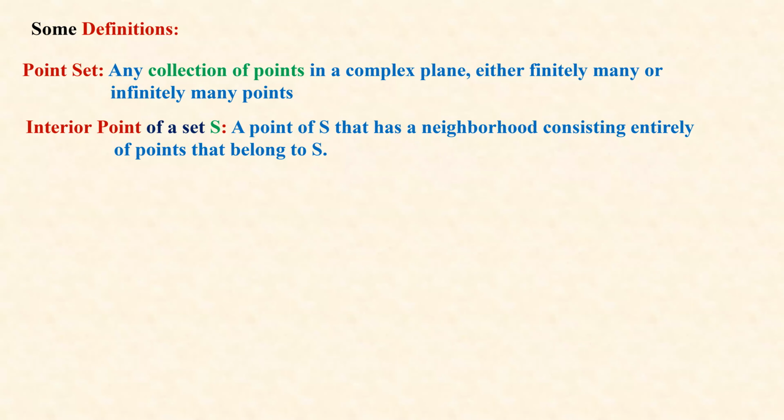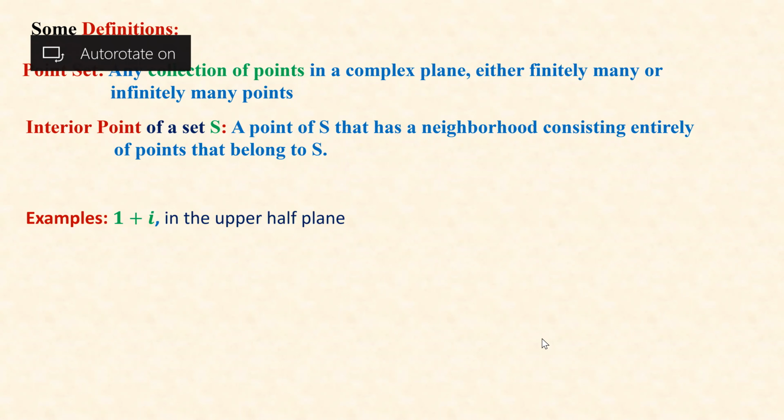What is an interior point of a set S? An interior point of a set S is a point of S that has a neighborhood consisting entirely of points that belong to S. You need to think about what it actually means. Let me draw an example here. Take 1 plus i in the upper half plane.